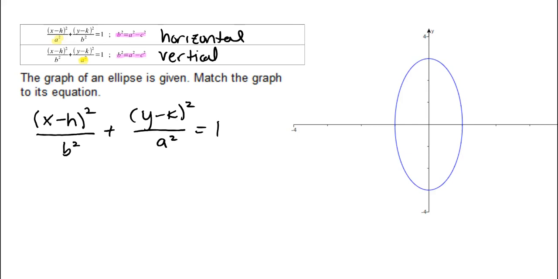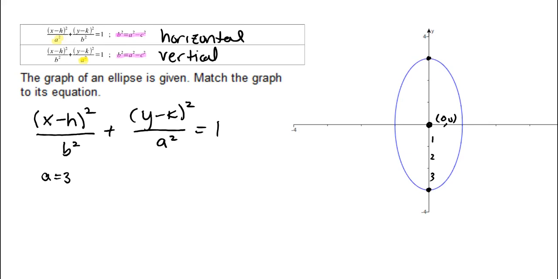And then looking at the graph, we can figure out what a is. We have a center at 0, 0, and these vertices are here and here, and we can count 1, 2, 3, a distance of 3 away, so a is equal to 3.